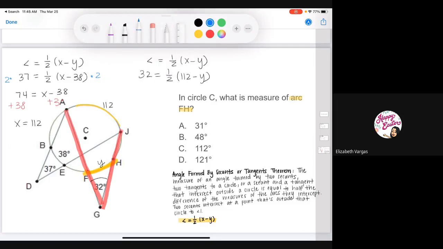So again, the easiest thing to do is do away with my fraction. 64 is equal to 112 minus y. And then what you'll notice is y is equal to 48 because 112 minus 48 gives you 64. So therefore, this is my answer right here.